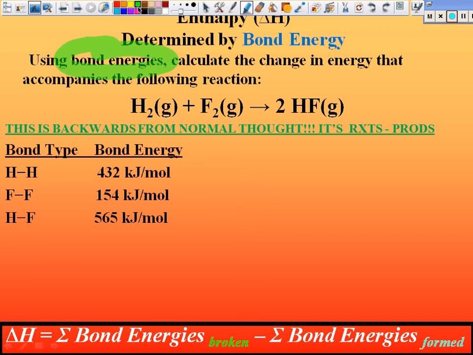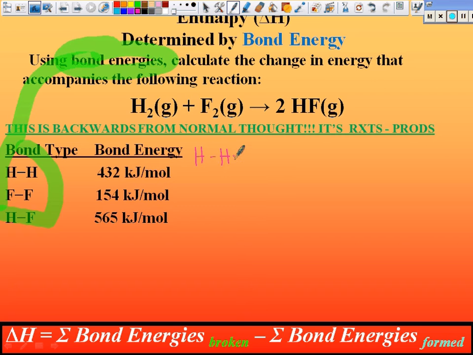So let's rewrite this reaction a little bit differently. So we have H2 plus F2. What type of bond do you have in H2? You've got H to H, right? Plus, what is in an F2 bond?